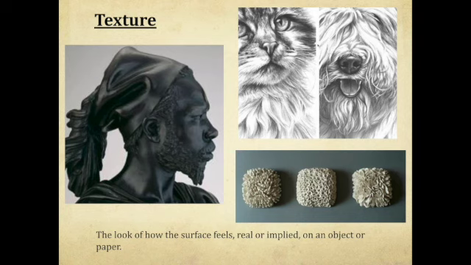Getting something to really pop with value is to create a texture that has a lot of depth to it, so you can see the texture really well because of that high value contrast. But texture can also be how the surface actually feels, so real or implied texture. On a piece of paper, you can't actually feel it, but it's implied that you would be able to if that animal was real.